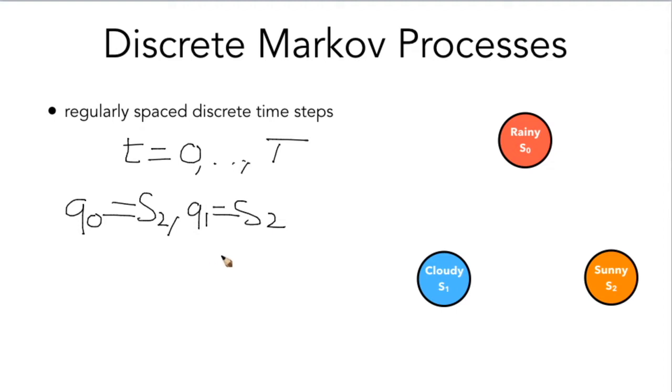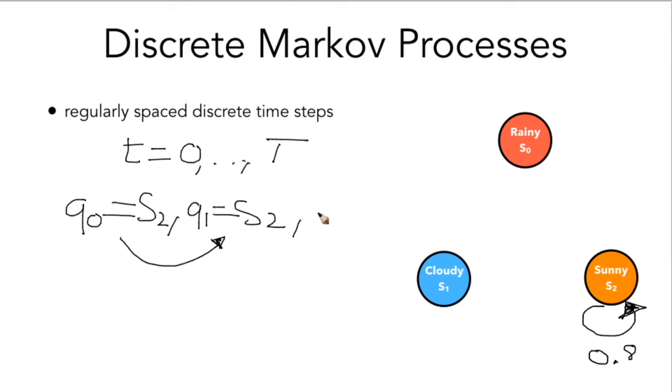Now, as the time progresses from one time step to the other, our system may or may not change its state with a certain probability. For example, here we saw a state transition from a sunny day to another sunny day. To indicate this in our diagram, we would draw a self-arrow like this. And the probability for this to occur could be 0.8.